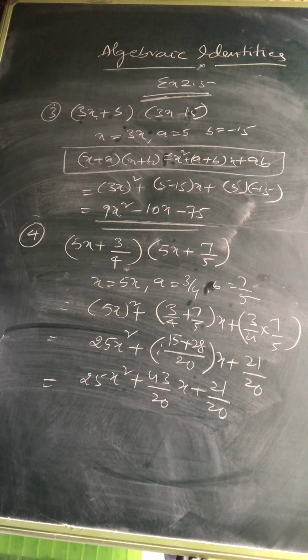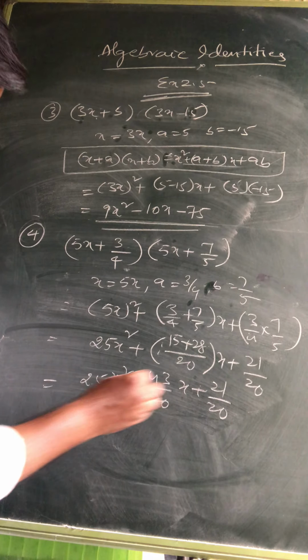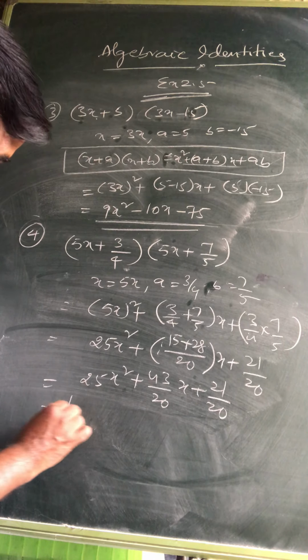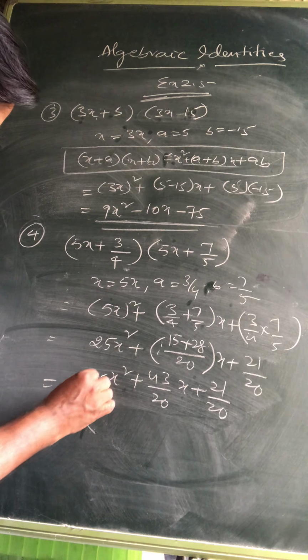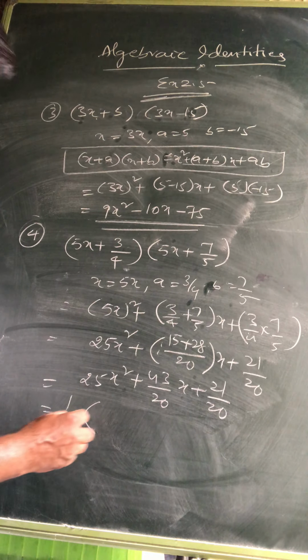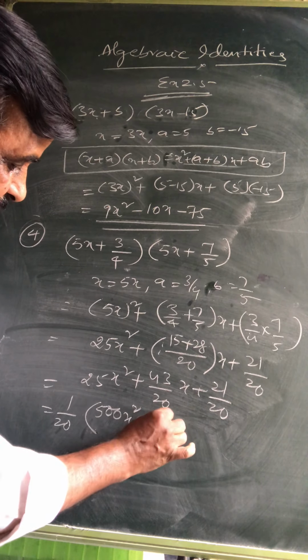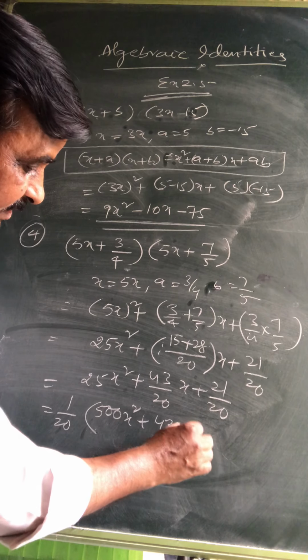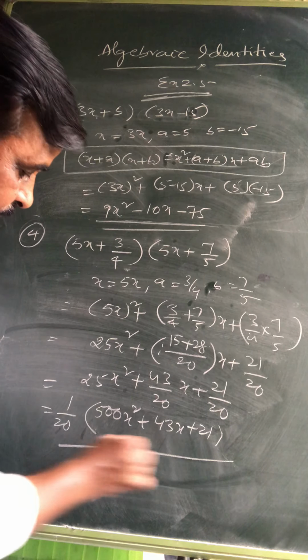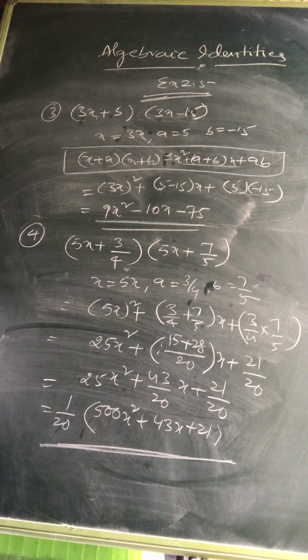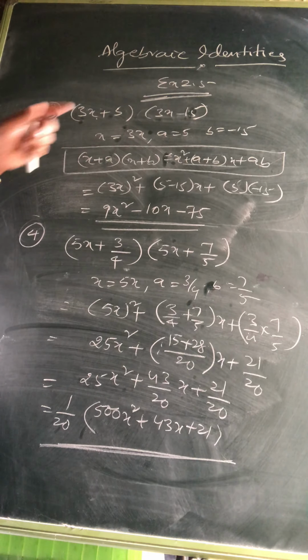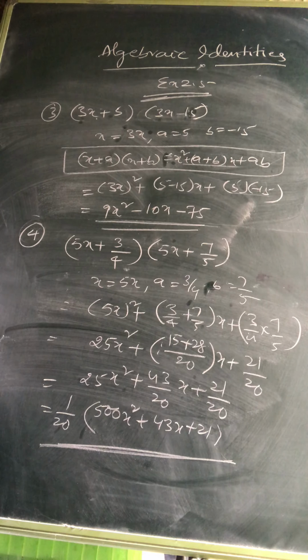This is the product of the given problem. This can also be written without fractions by taking 1/20 common: (1/20)(500x² + 43x + 21). So this is the product of these two factors by using the formula.